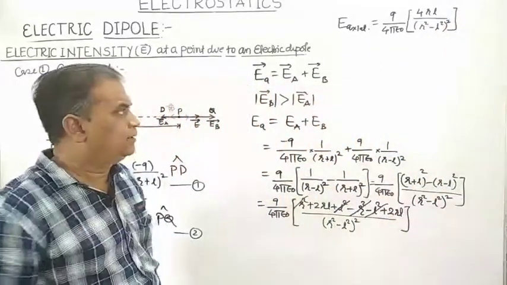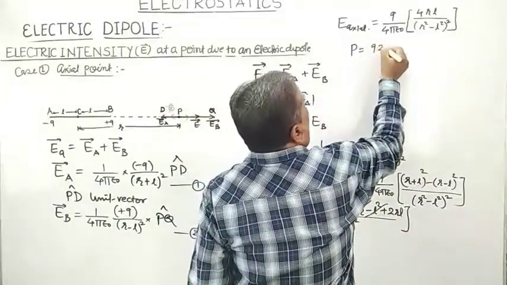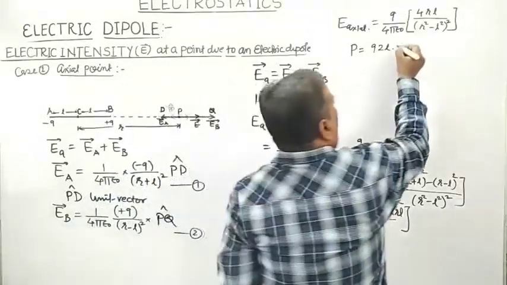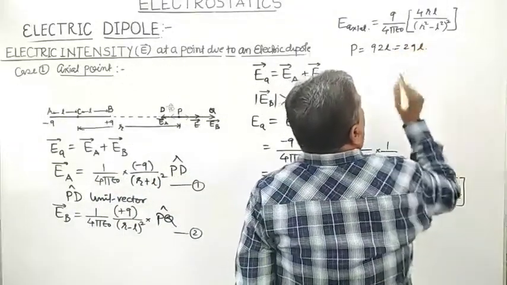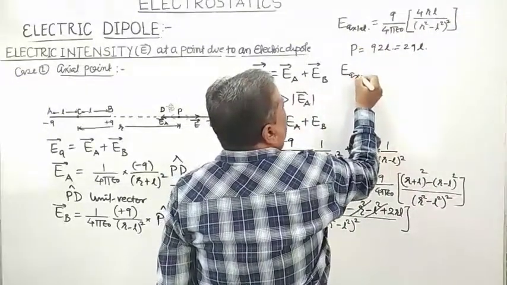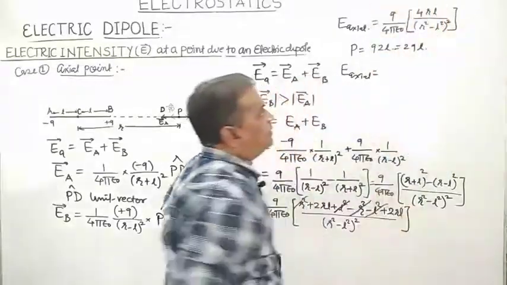But remember, electric dipole moment P is equal to Q into 2L, or it is 2QL. So as far as the numerator is concerned, E axial is equal to Q 4RL.